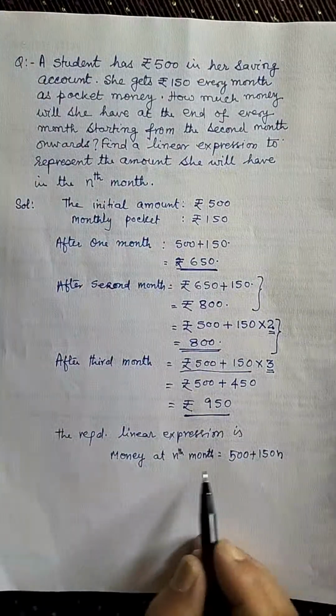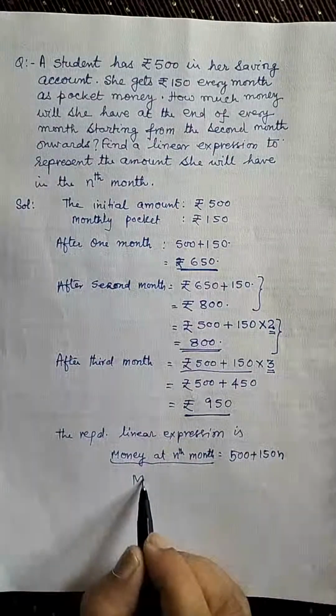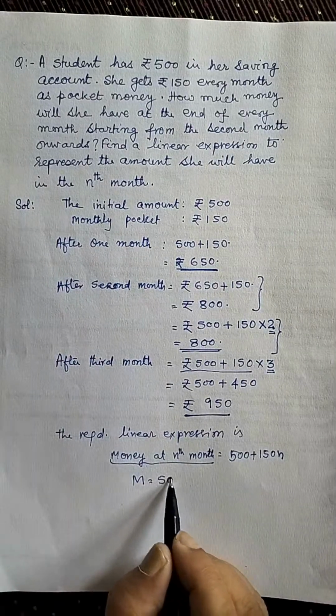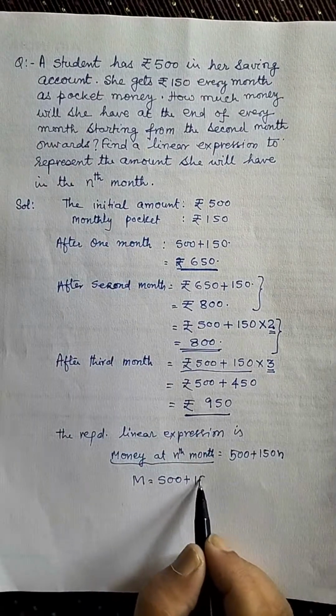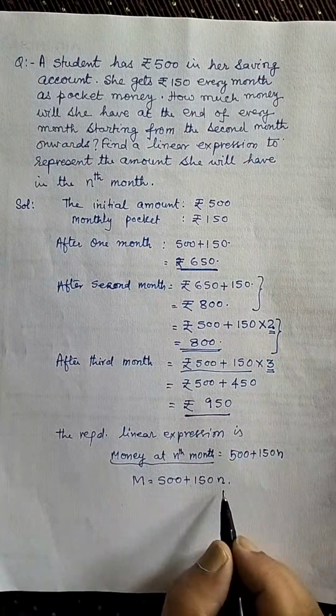So if I denote this by another symbol, say M is 500 plus 150n, where n is the number of month.